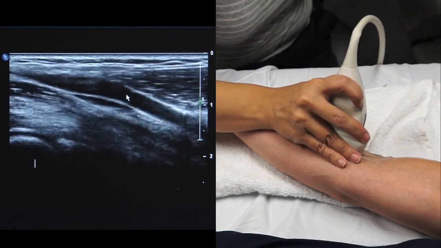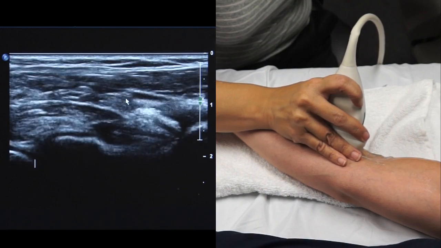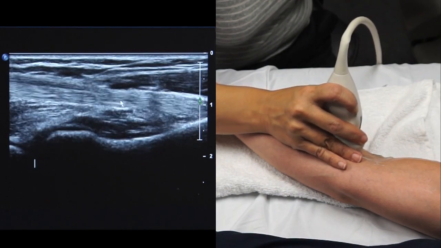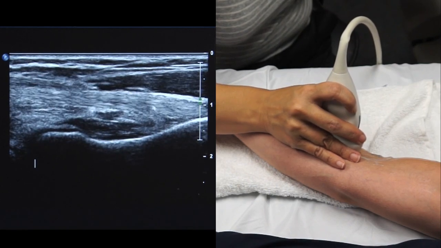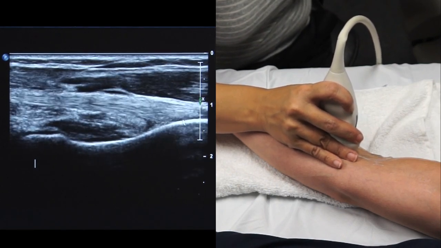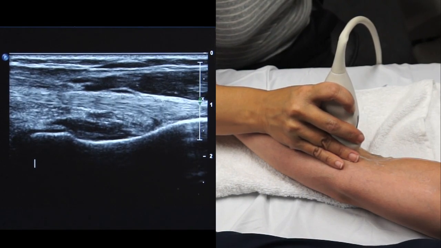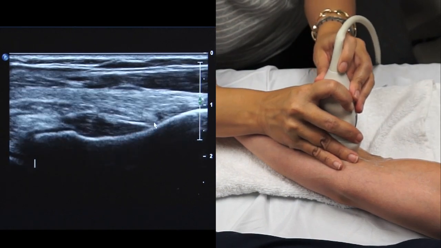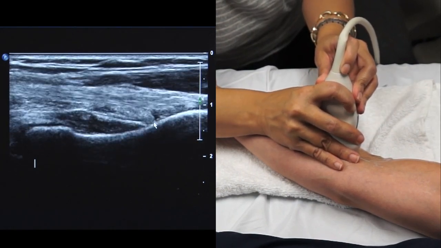So you can find the brachial artery, use it as a landmark, then slide your transducer laterally and angle laterally to bring that tendon into view and show it as it inserts on the radial tuberosity. If you see anisotropy at this level, you would heel toe the transducer again to bring the fibers perpendicular to the sound beam.